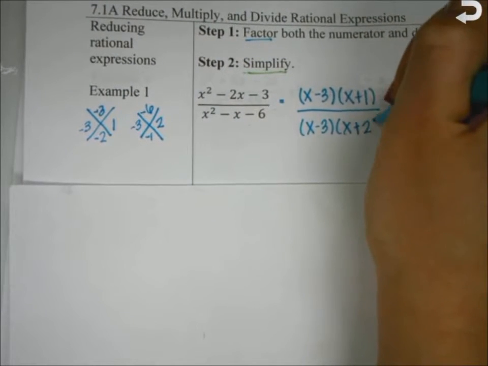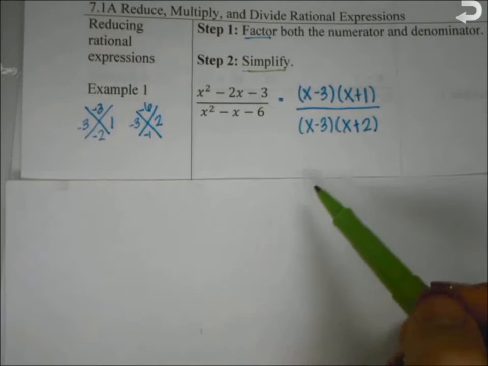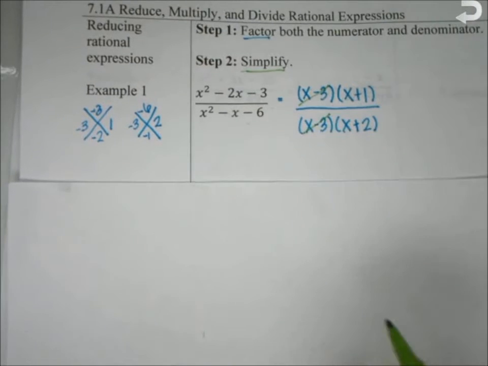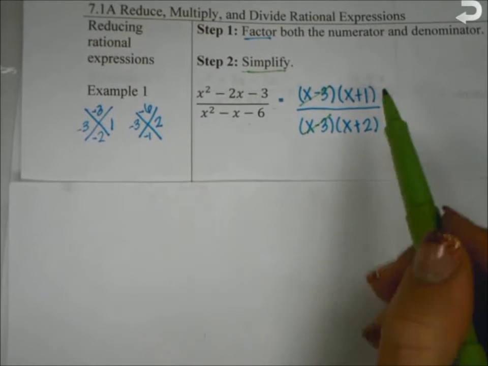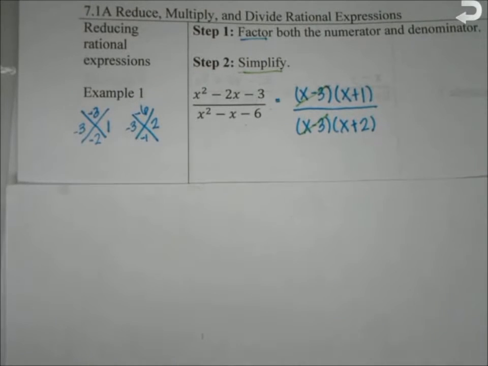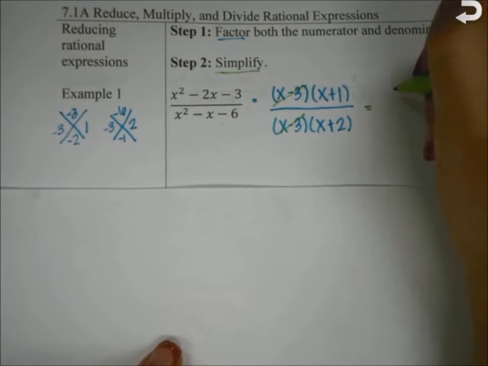Okay, so we factored everything. Now we want to cancel anything that cancels out. Do you guys see anything that cancels? The x minus 3 and the x minus 3. Now remember, we can only cancel the entire thing or nothing at all. So what would my answer be? What's left over? X plus 1 over x plus 2.